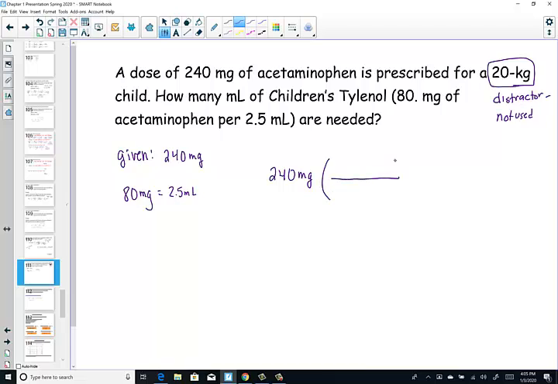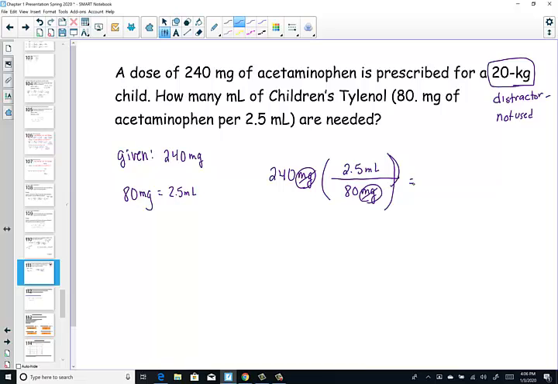I know that 2.5 mils of this medicine will be delivered. Oops, that's the bottom number. My bad. 80 milligrams will be delivered for every 2.5 milliliters of this liquid Tylenol that's measured out. You see how I noticed my error? I knew that milligrams had to cancel, so I know that milligrams has to be on the bottom.